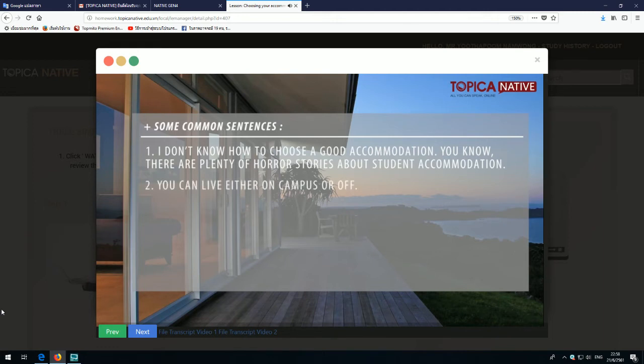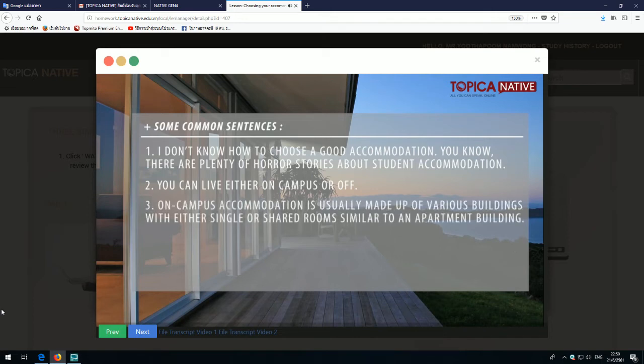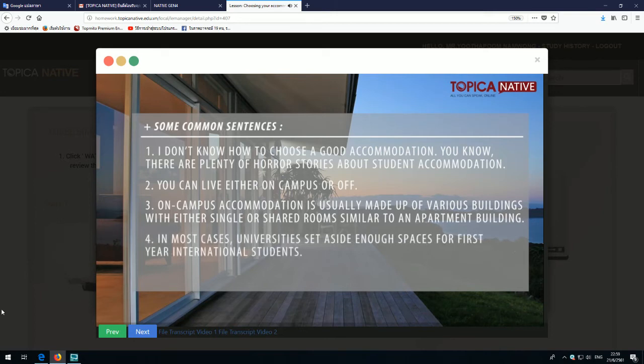You can live either on campus or off. On-campus accommodation is usually made up of various buildings with either single or shared rooms, similar to an apartment building.